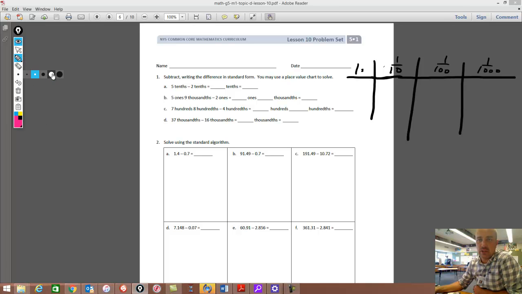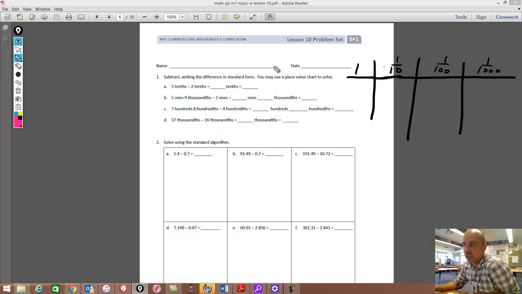I figure a good way to do that is by drawing our discs. So I have 5 tenths: 1, 2, 3, 4, 5. The discs are all different sizes, but that's the way my pressure pad works here.